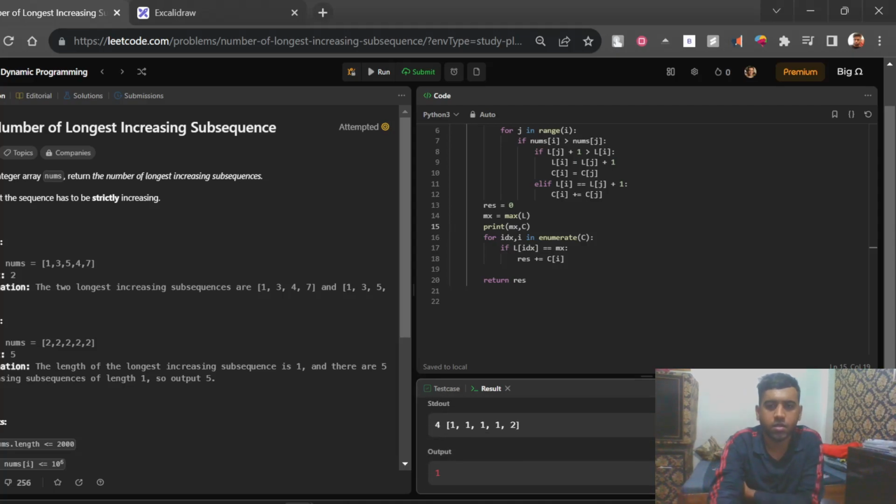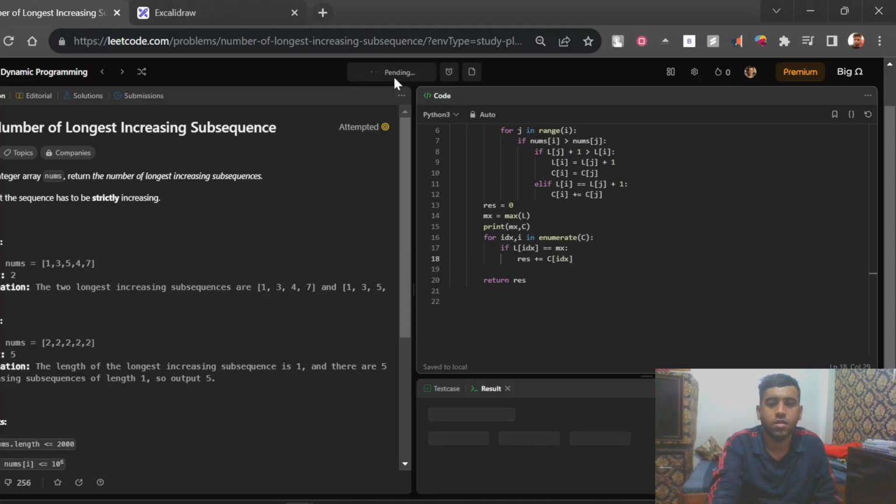If I print L of, oh, okay, I'm writing I here. I should insert idx. Maybe it's submitting.